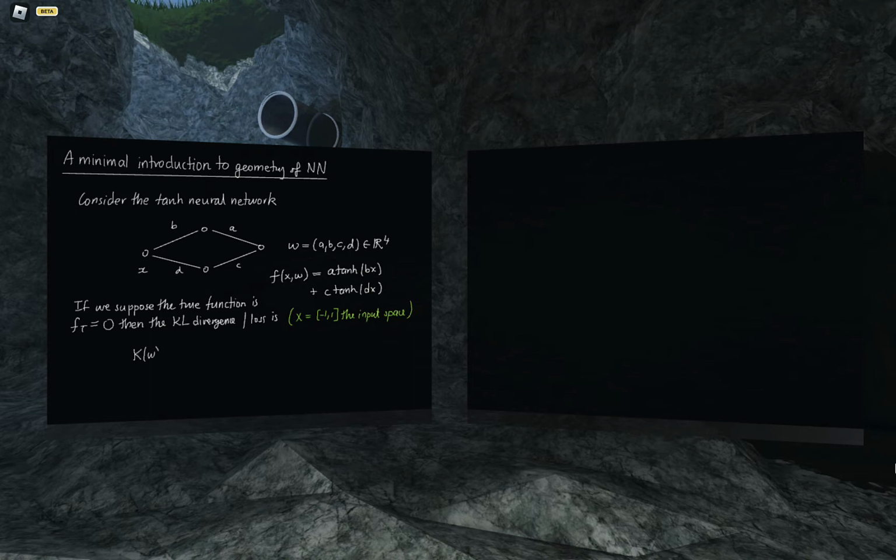Then the function that we care about is the integral over the input space.